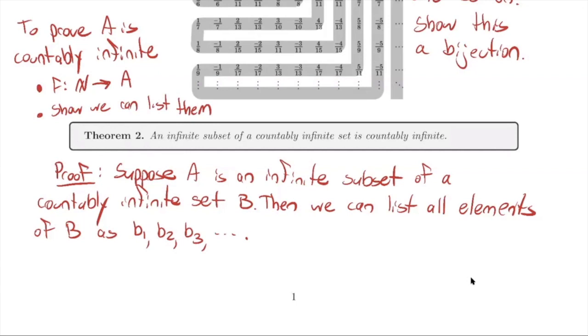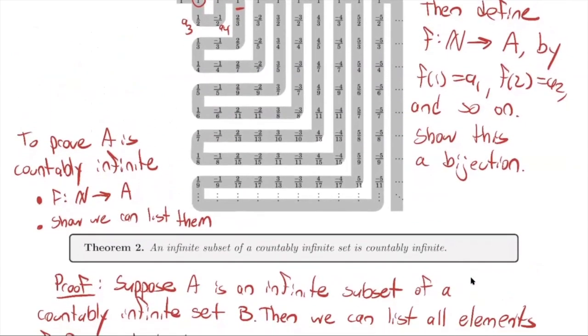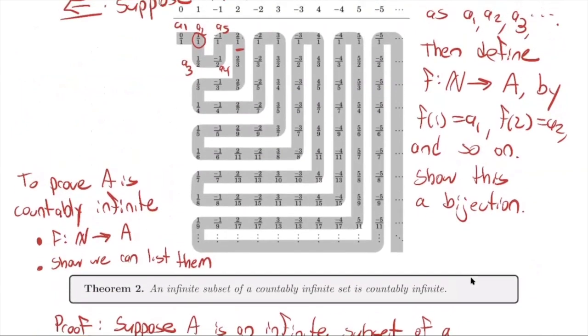And so these two bullet points are the difference between doing a constructive proof, where here's explicitly the map that's going to get that done, versus I'm not going to tell you exactly what the map is, but I can show you that one exists by showing that we have some ordering of these things. So for example, this picture over here is a non-constructive proof that the rational numbers are countable.